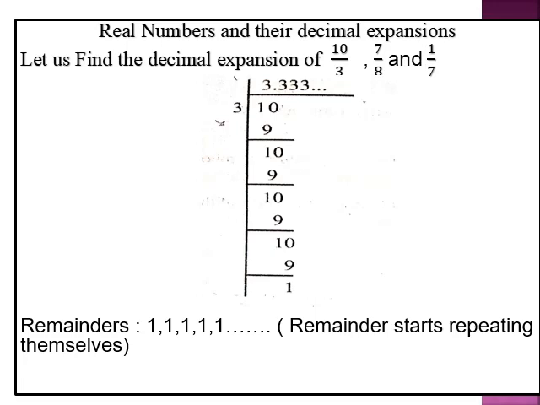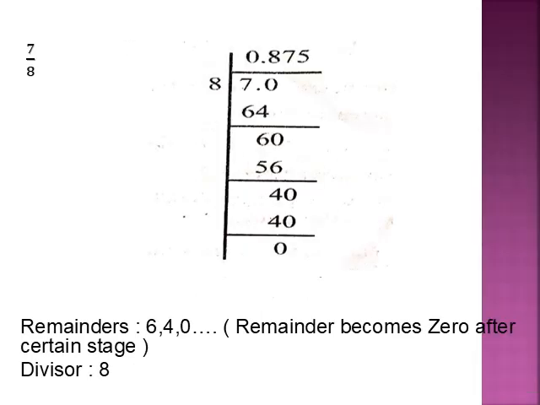So it is 3.3333, and the remainders start repeating themselves, means here the remainder is only 1, and the divisor is 3.